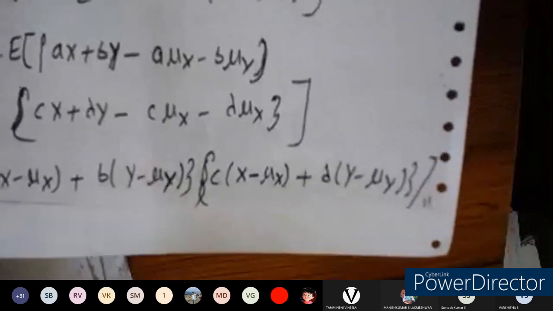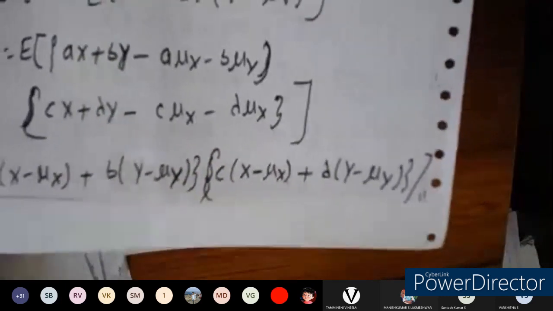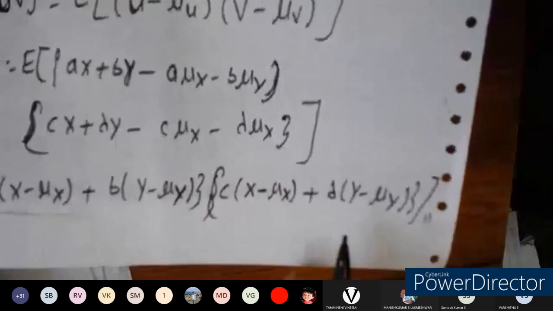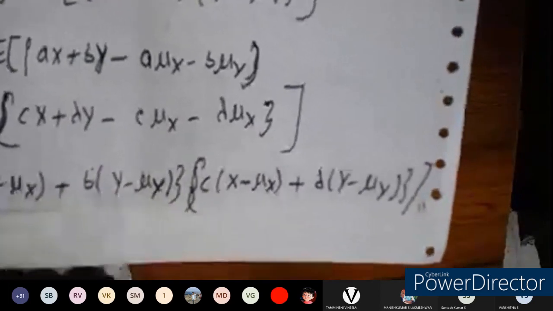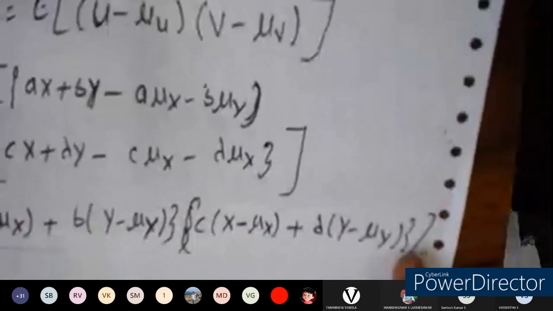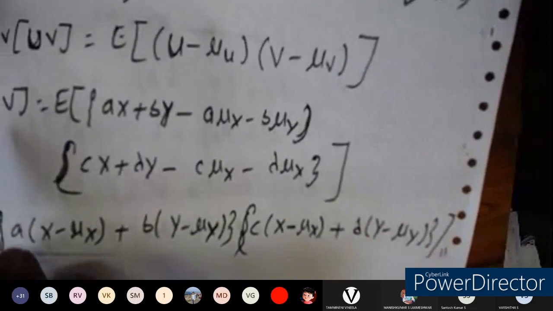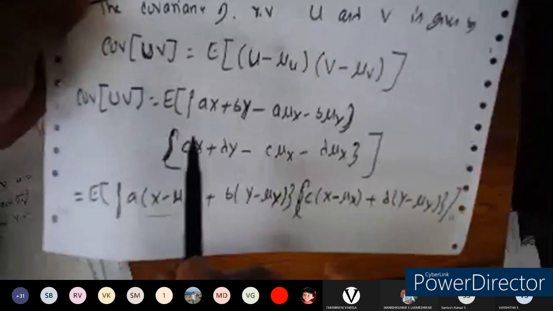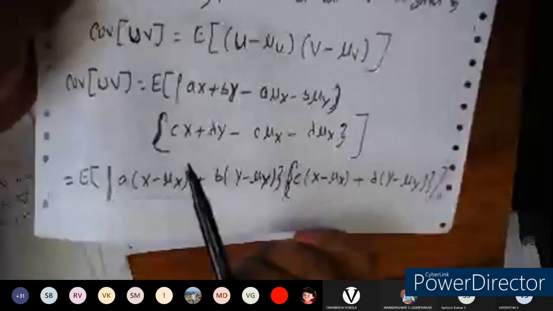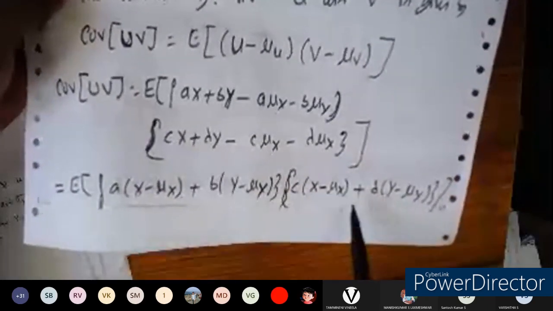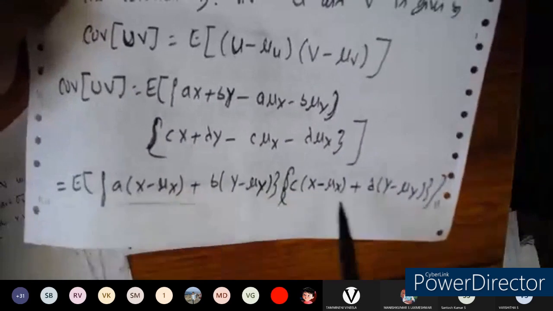Since the random variables u and v are not independent, if they were independent we could have written this as the expectation of this times the expectation of this, but we can't write it like this here.